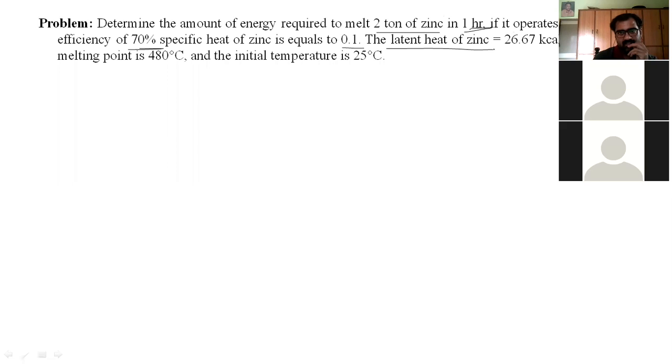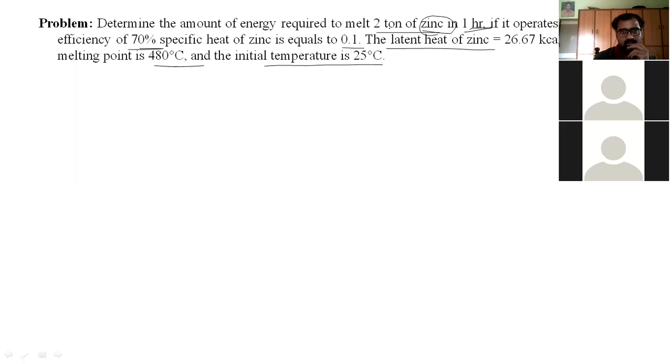The latent heat of the zinc is 26.67 kilocalories per kg. The melting point is 480 degrees centigrade. The initial temperature is 25 degrees centigrade. So he has given some data regarding the heating material. Here he has considered the heating material as zinc. So he wants to melt zinc of weight 2 ton.